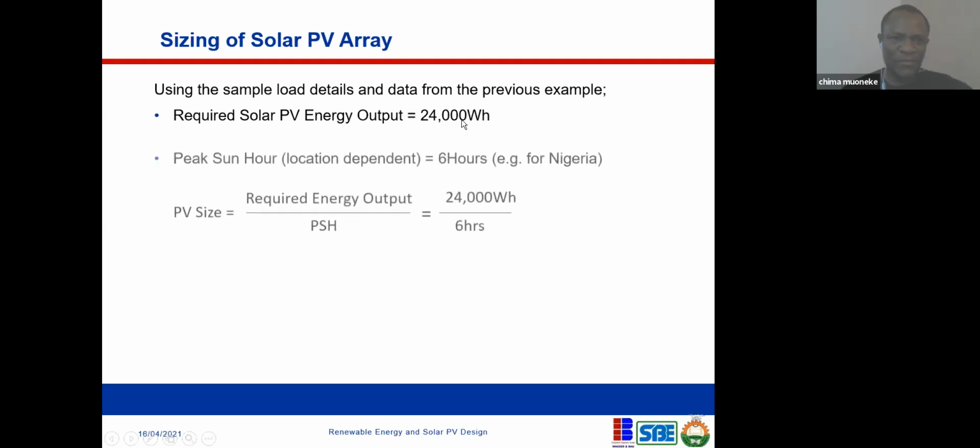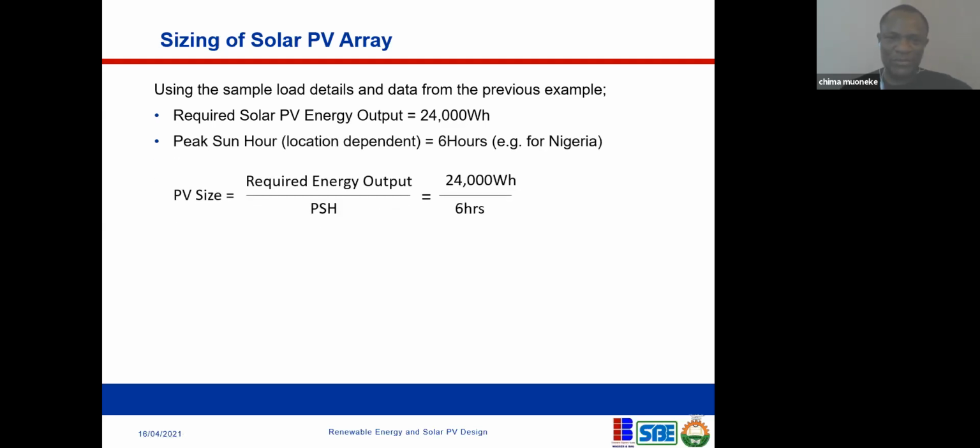So how we go about that, we have to now determine what the peak sun hour is for that location. Like I said, peak sun hour is location dependent. So if we know what the peak sun hour is, then all we need to do is to divide the required energy output by that peak sun hour, and it's just a straightforward calculation.